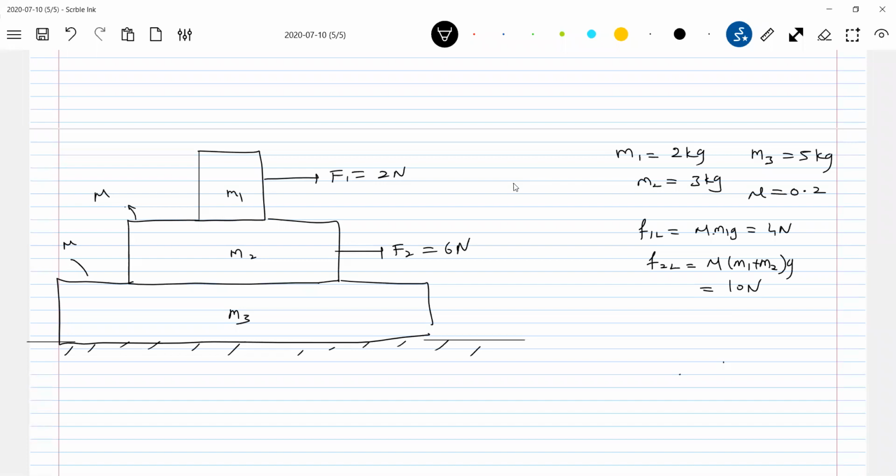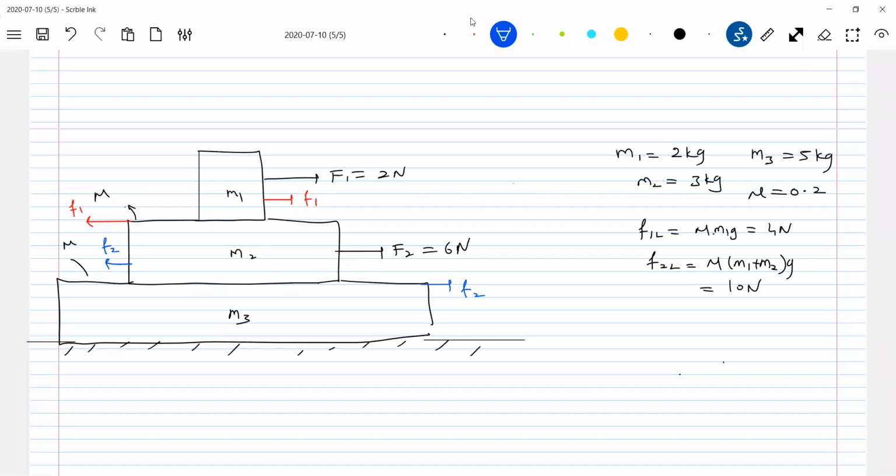What can be the possible direction of friction? Look at block F2. I think this will be troublesome for you, sir. Here 2 Newton is acting.